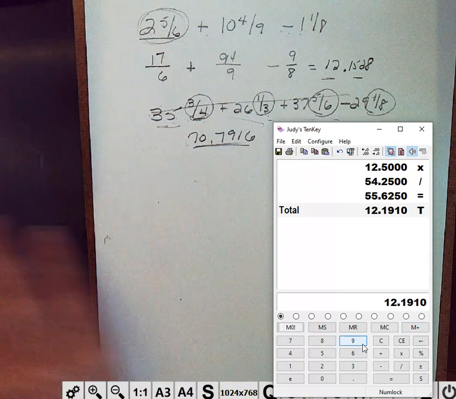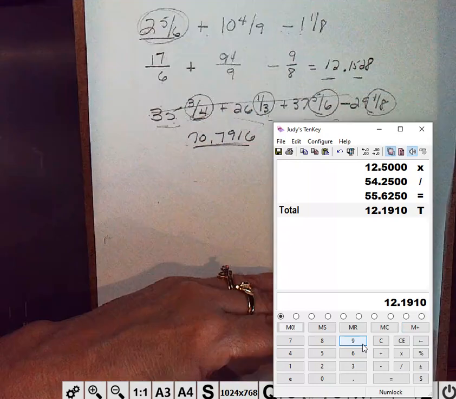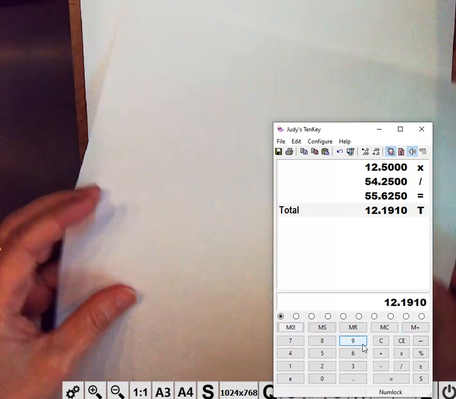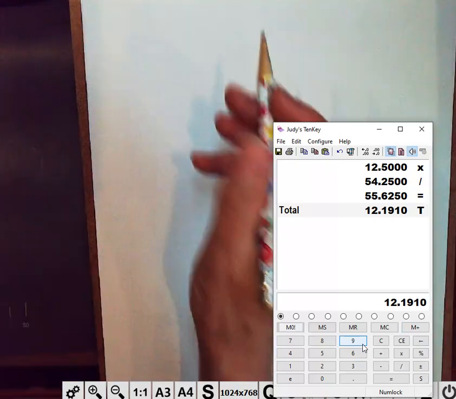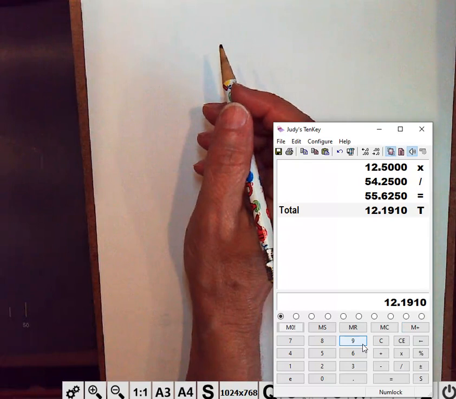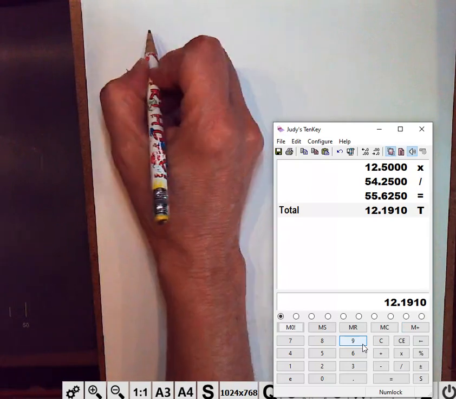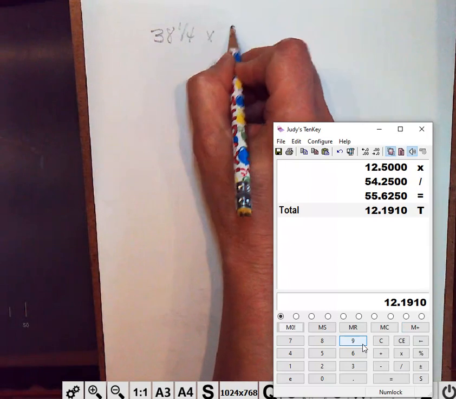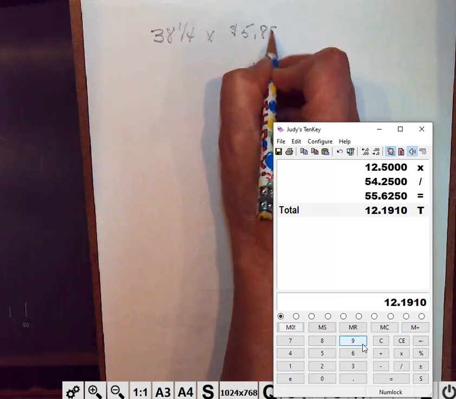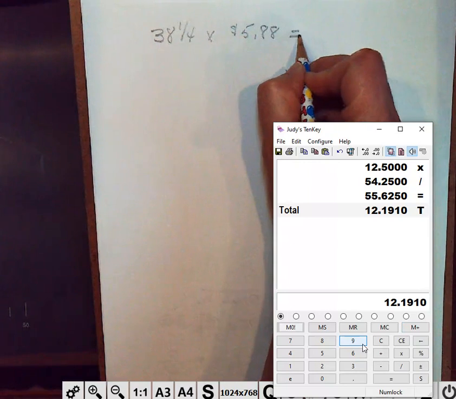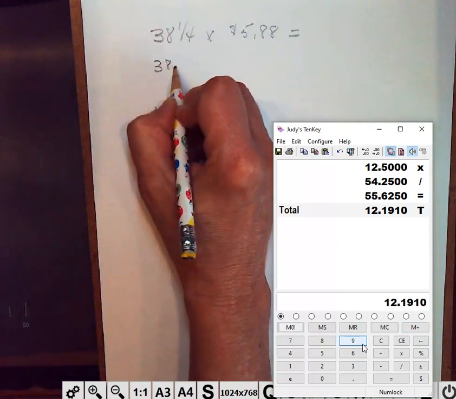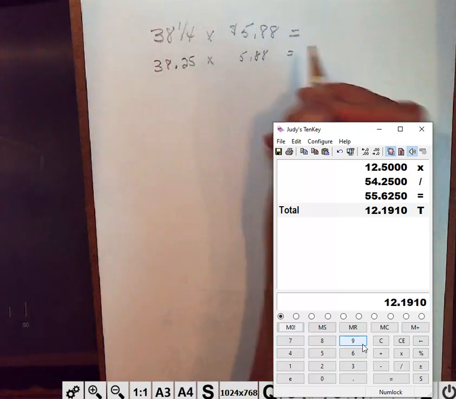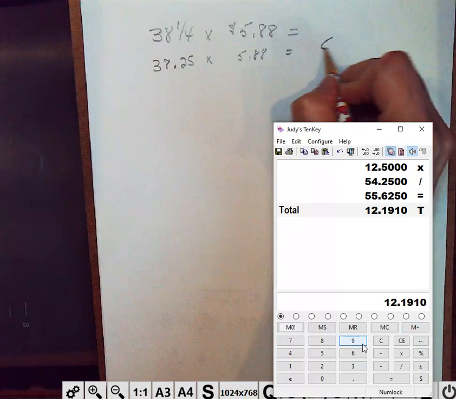So on page 88, payroll, we have hours worked times hourly rate. So if I work 38 1/4 hours times $5.88 an hour, you just multiply. 38.25 times 5.88 will give you your gross pay.